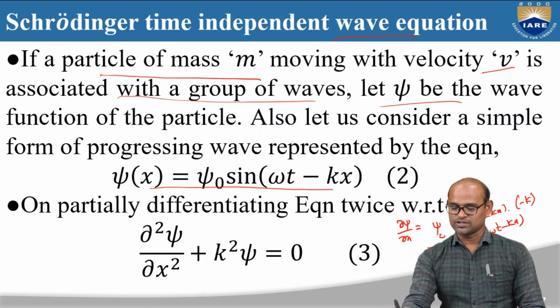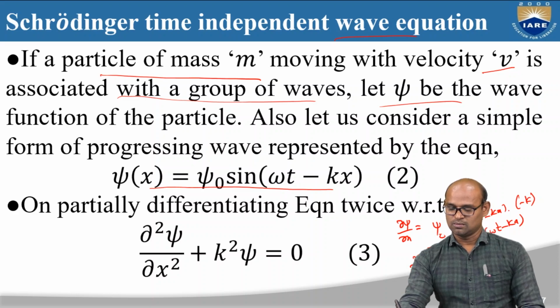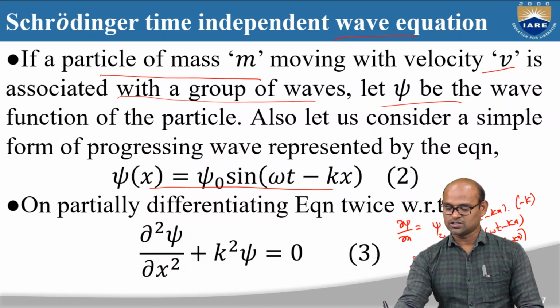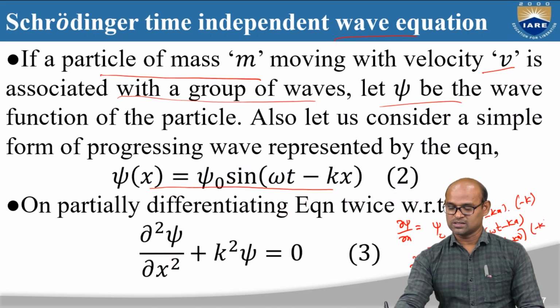Then do the second differentiation. Dou square psi by dou x square is equal to minus k psi naught times the differential of cos, which is minus sine of omega t minus kx. And then again the differentiation of minus kx is again minus k.